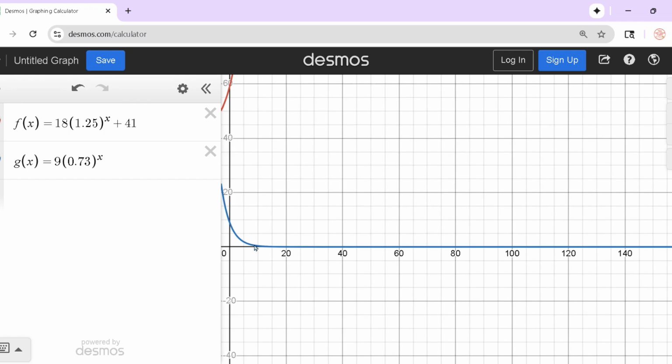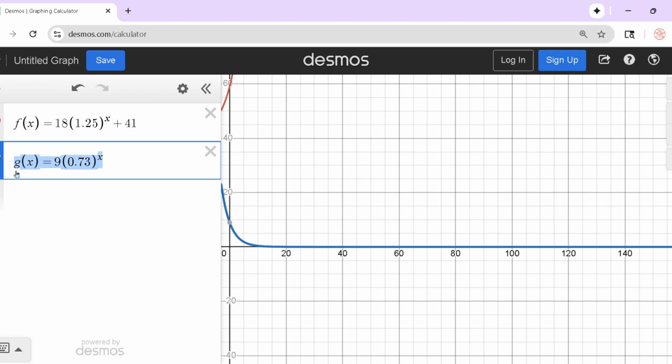Now, our g of x, our blue one, when x is greater than or equal to 0, there is a maximum point. This is the highest that it gets. It's 0, 9, and then from there it goes down, getting smaller and smaller towards that limit of 0. But yes, it has a maximum point. When x is greater than or equal to 0, the maximum point is 9.